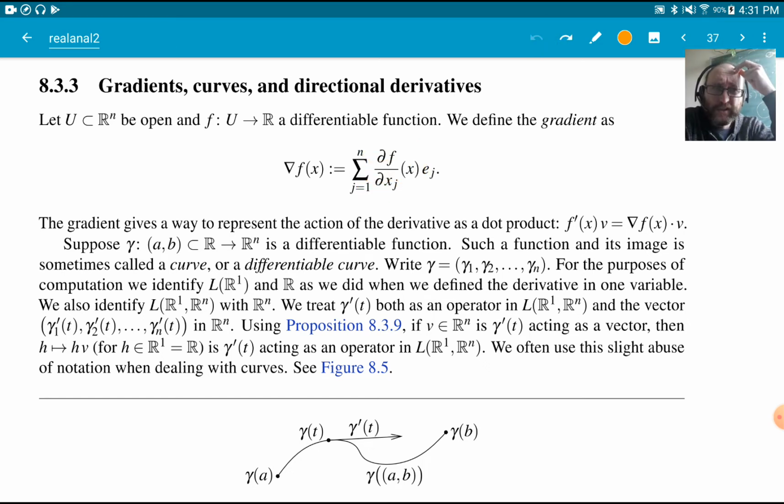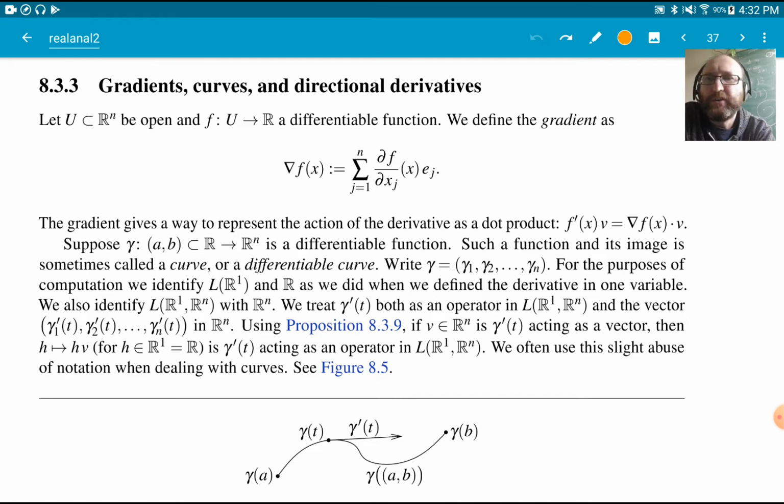And the gradient is simply you take the vector whose components are the partial derivatives. Now, this is in some sense a little bit wrong, or it's wrong to think of it as the derivative, because the derivative is really the linear function, right? This is a vector.